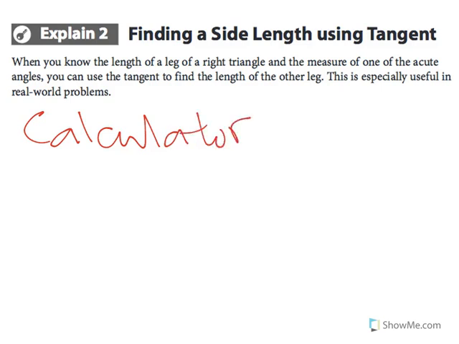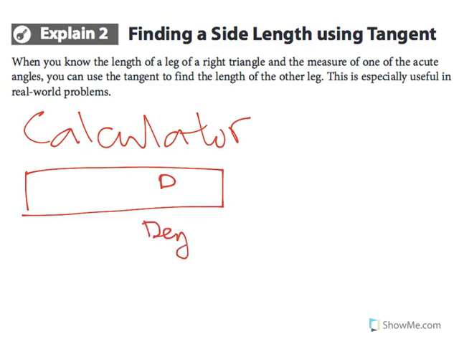Right, but before you use your calculator, make sure that somewhere on your screen there should be a letter D or a DEG. Okay, this means that your calculator is in degree mode, right?